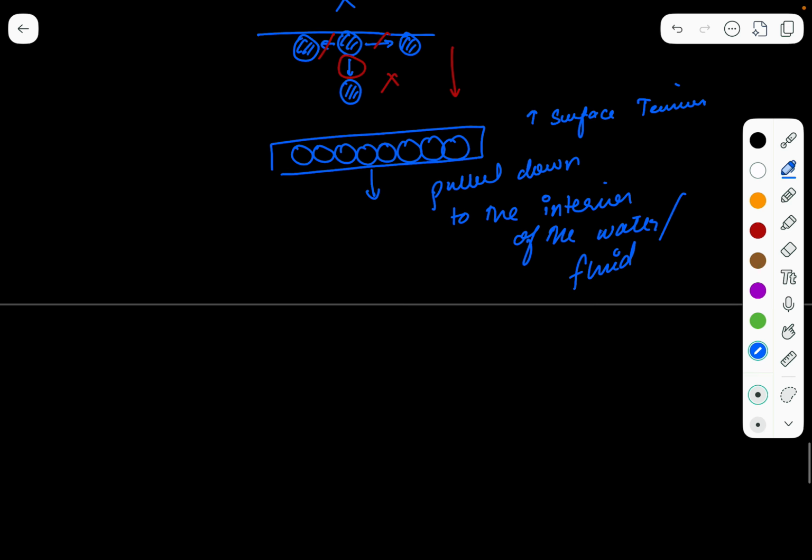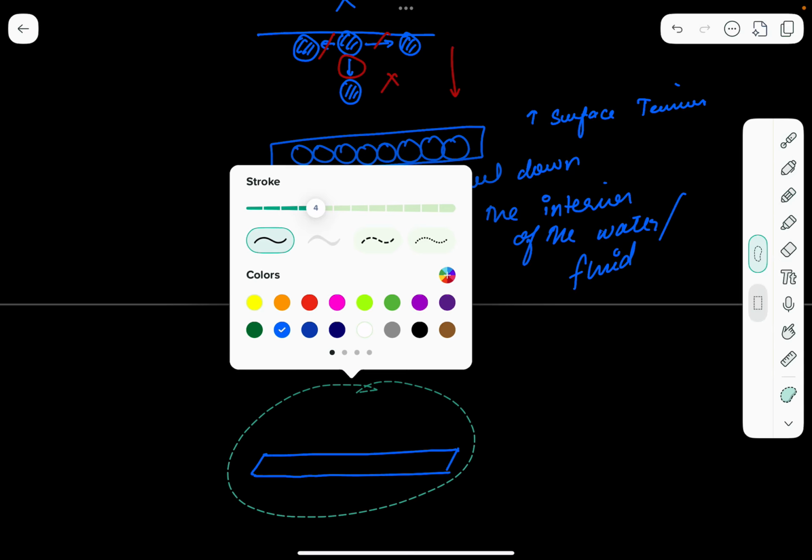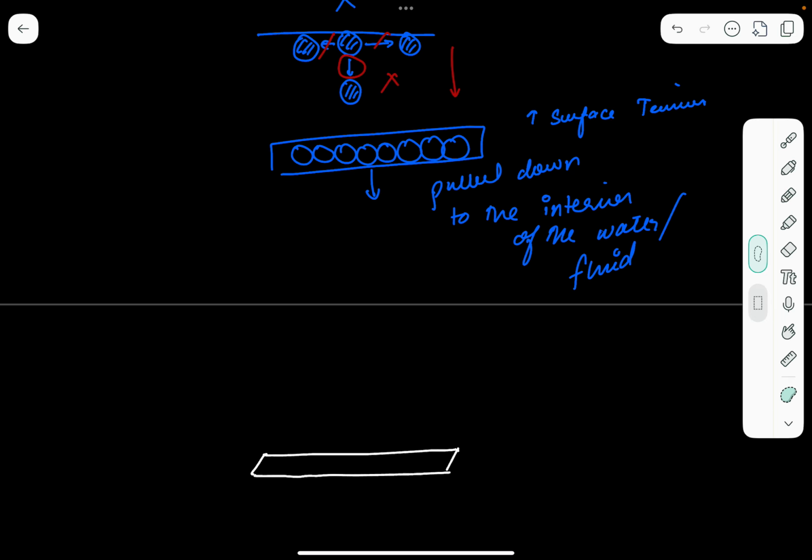The other thing you'll see is, let's say I put a small water droplet on a surface. You've always seen that the water droplet forms a sphere. Why is that?